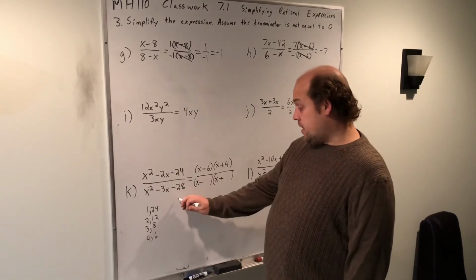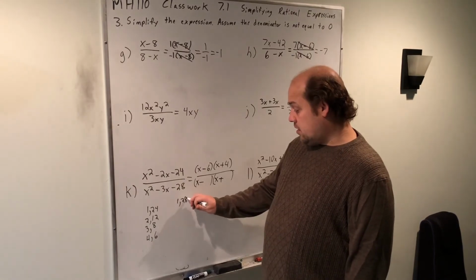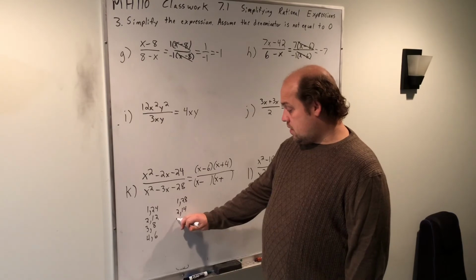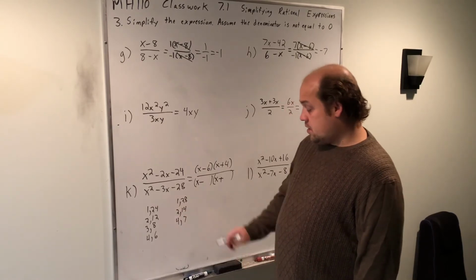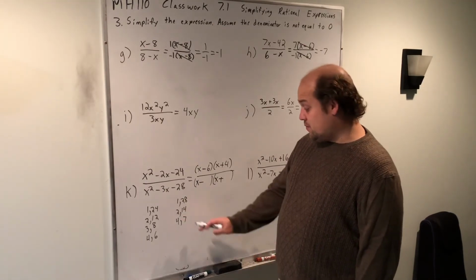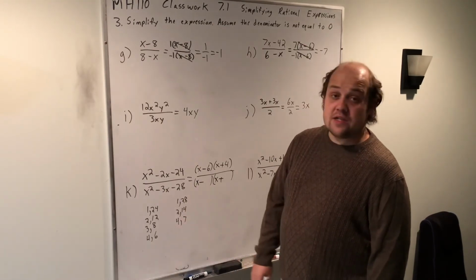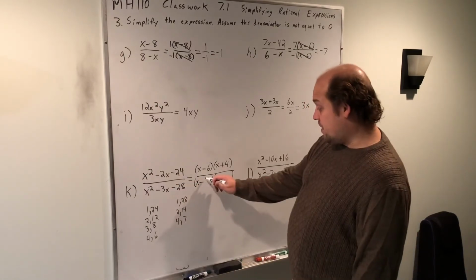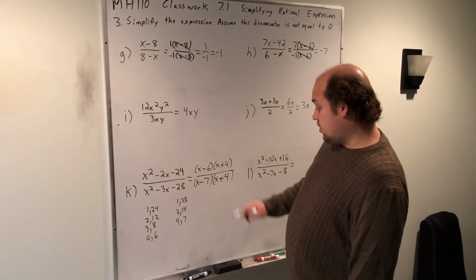The ways to multiply to 28 are 1, 28, 2, 14, and 4, 7. 28 minus 1 is 27, 14 minus 2 is 12, 7 minus 4 is 3. So 7 minus 4 gets me to what we want as the middle term. I put the larger one here, smaller one here.